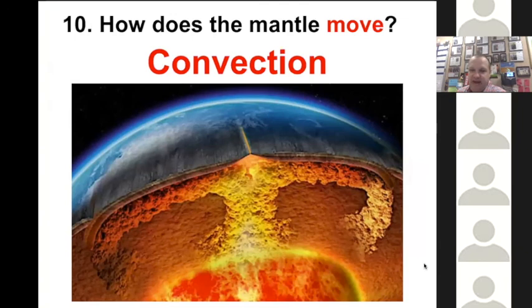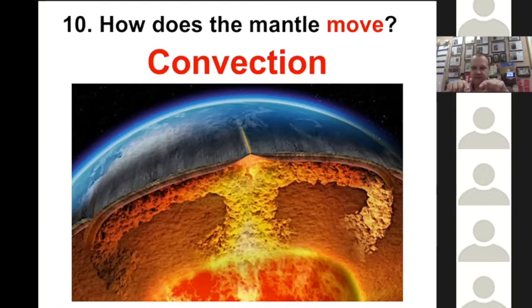How does the mantle move? We call this convection. Convection is when hot mantle goes up and cold mantle goes down, and it goes hot and cold and hot and cold over and over, and it's called convection.